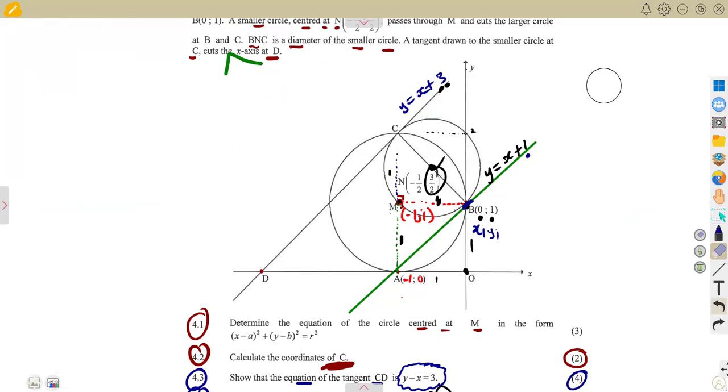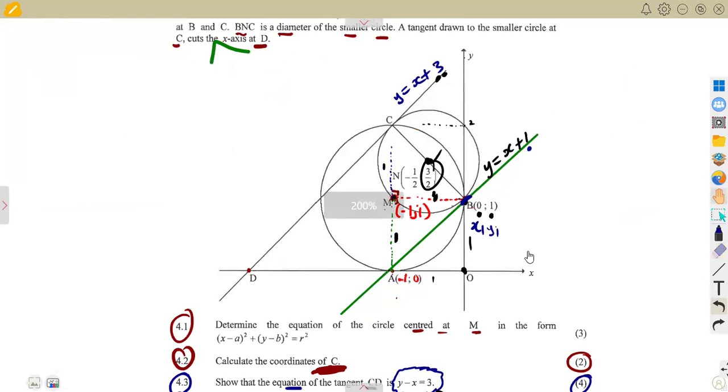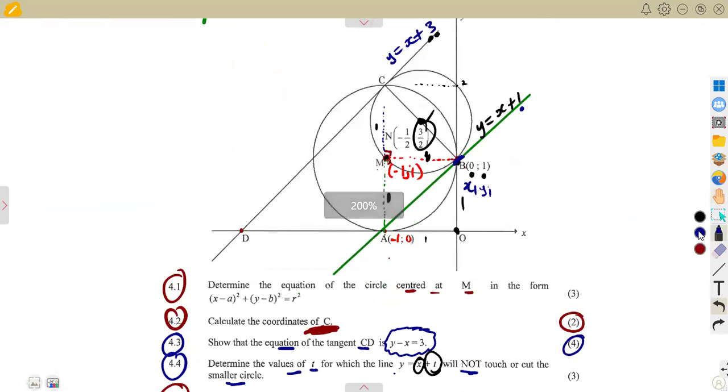But anyways, this is what the question is saying. There's a point C here, which is on the smaller circle centered at N. So they're saying the point C is transformed along the tangent, along this line. It is being transformed along that line.